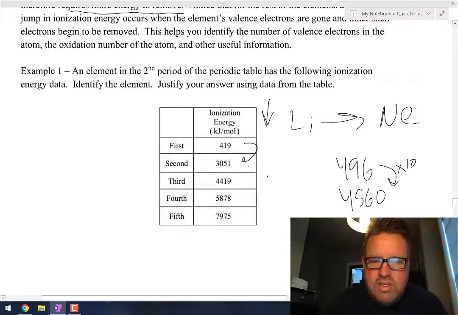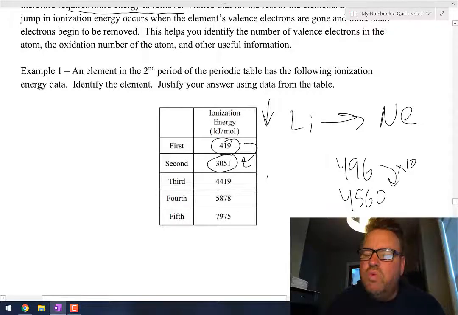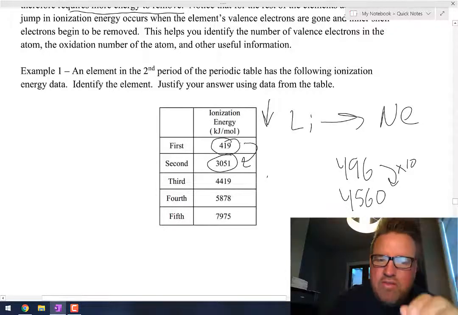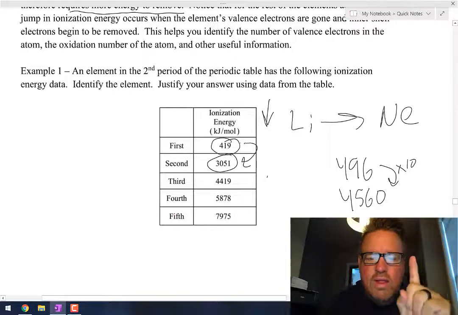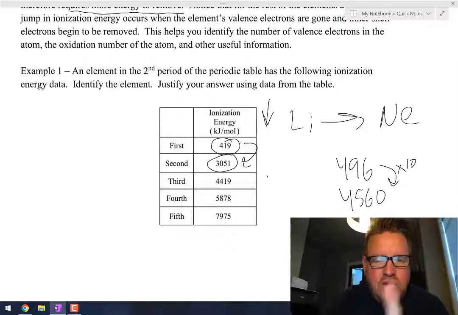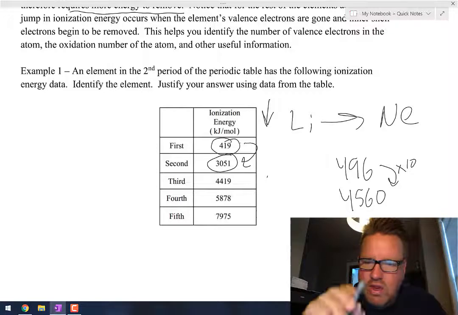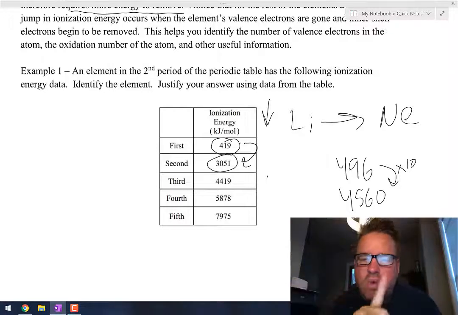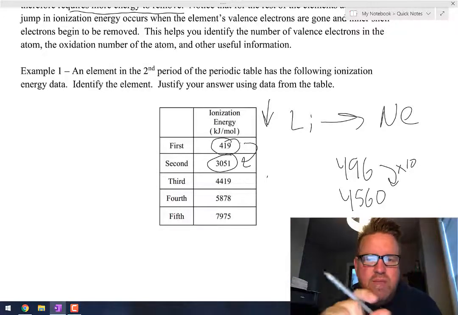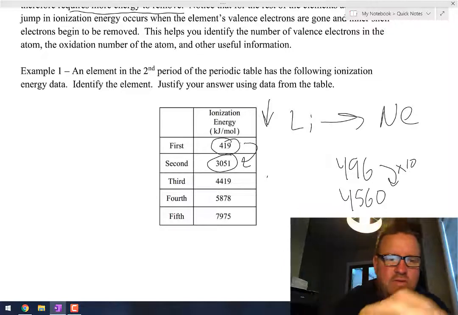So this element loses one electron fairly easily, but the second electron takes way more energy. And so therefore, it only has one valence electron. And if it only has one valence electron, then you look in that second period. What's the only element from lithium to neon that has one valence electron?